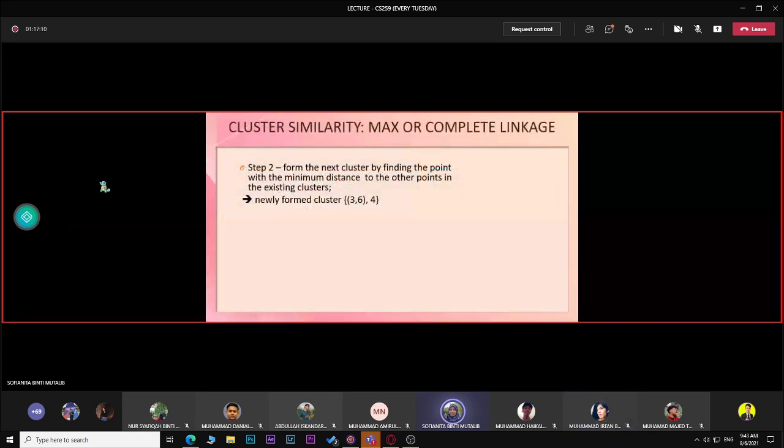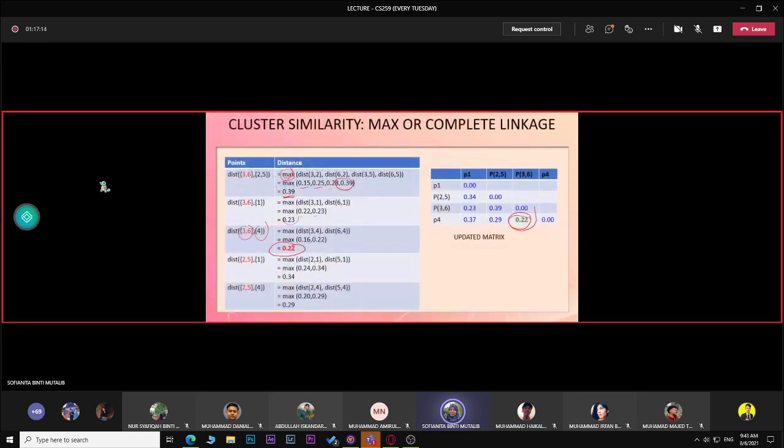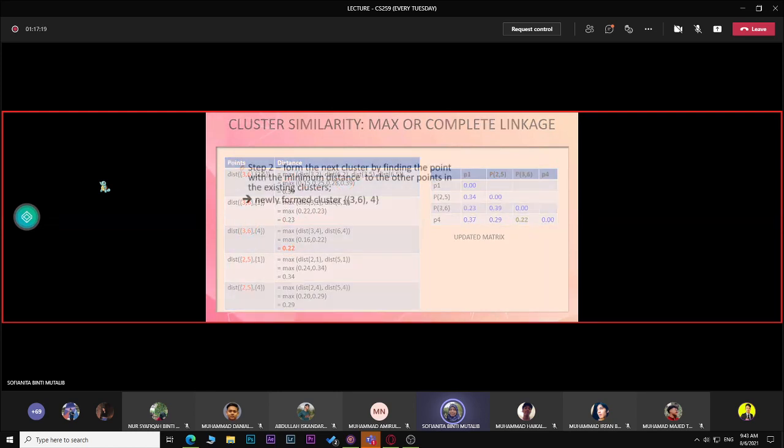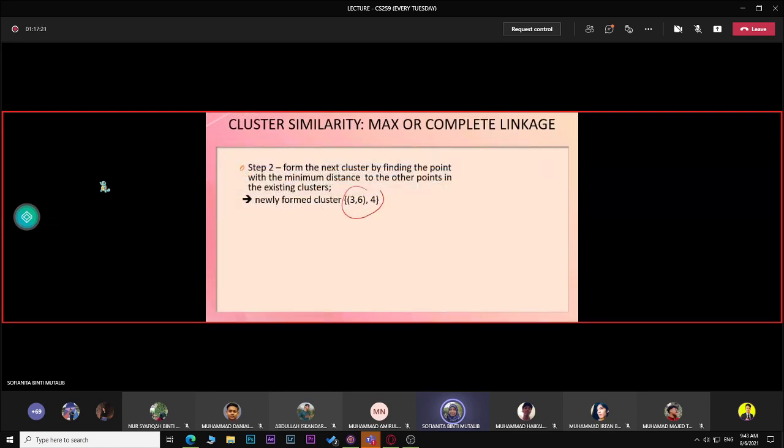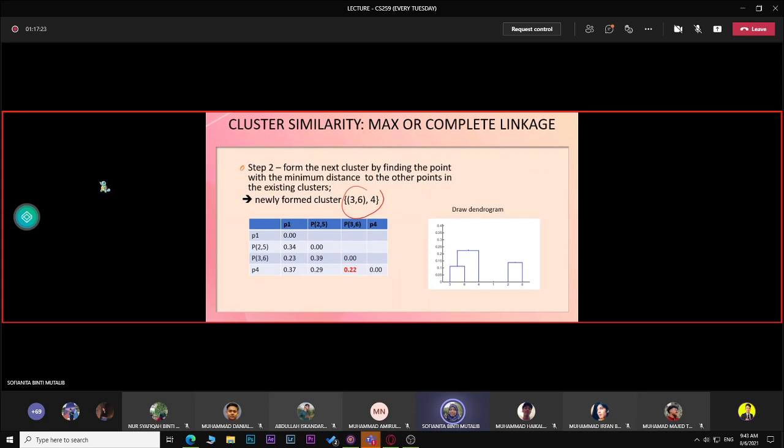Okay, now here we have chosen these to be combined, betul tak? Next we have to form the cluster. Okay, and then we can draw a new dendrogram between 3, 6 and also object 4 with the distance of 0.22.